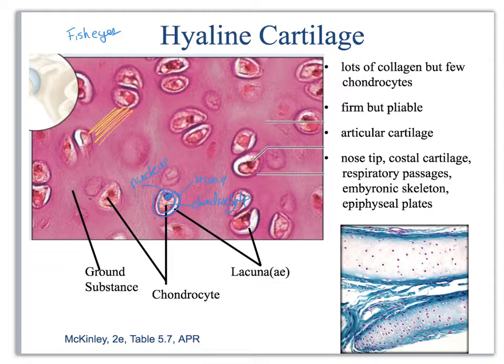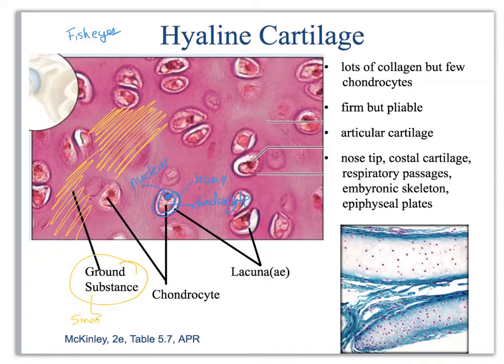Now all of this pink staining stuff, this is your ground substance, okay? So that's all of this, so that's this stuff. And what happens is that this stains smooth, so it has a smooth stain.